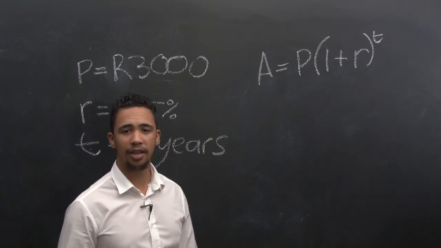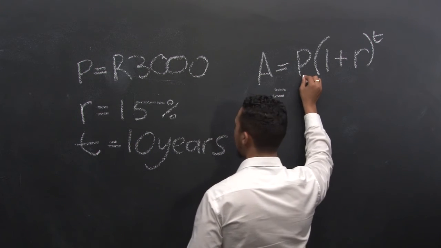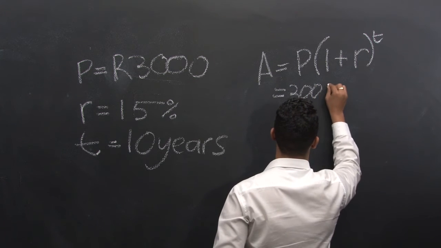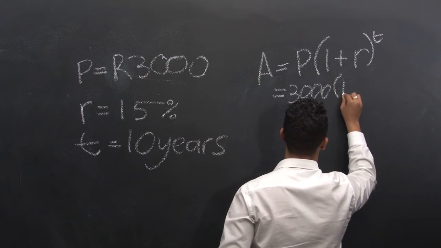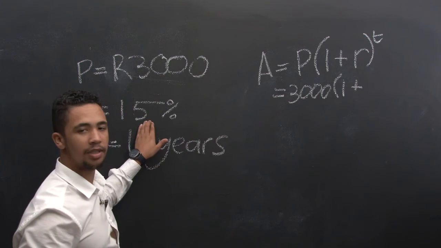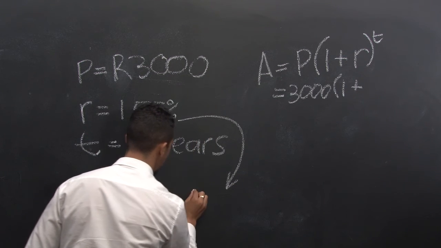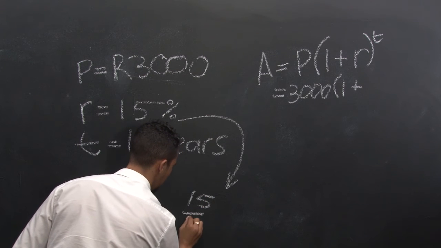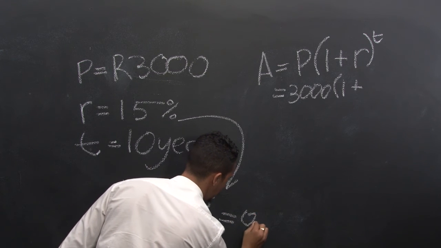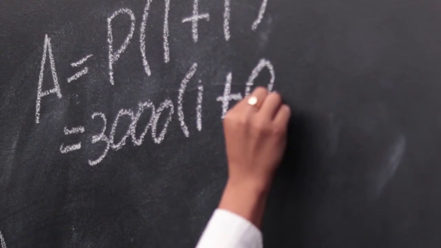Our next step is to substitute these values. P is 3,000 Rand. Open bracket 1 plus R. R is equal to 15%, which is equal to 0.15. So R is equal to 0.15.